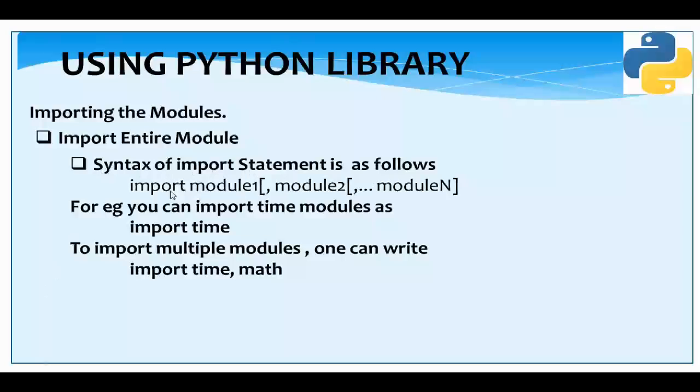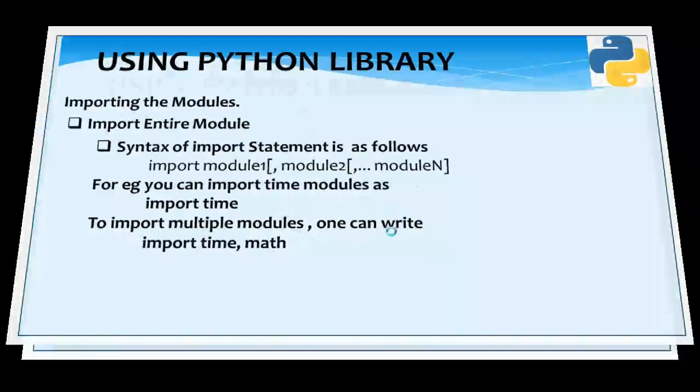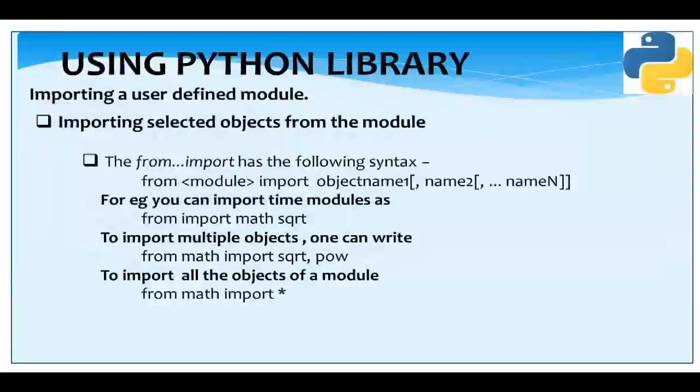For example, if you want to import the time module, you can write import time. If you want to import multiple modules, you can write import time, math. Let me show you this practically also. If you want to import selected objects from the module, then we can do this as follows. For example, from math import sqrt.